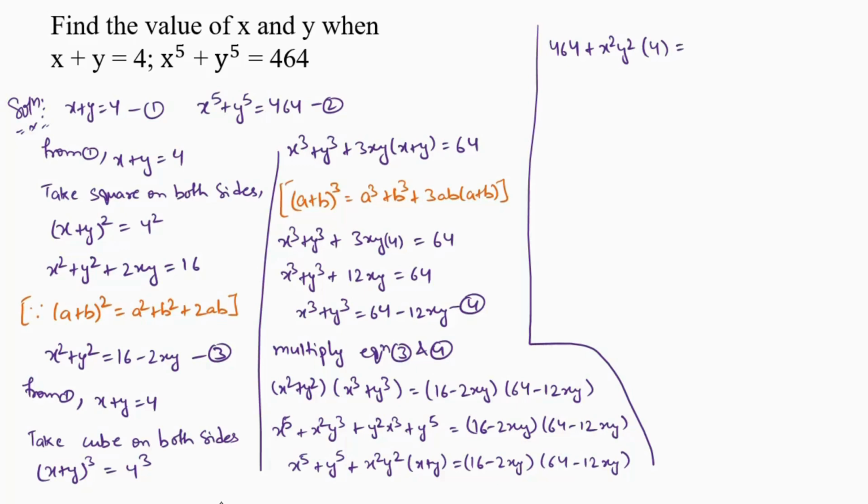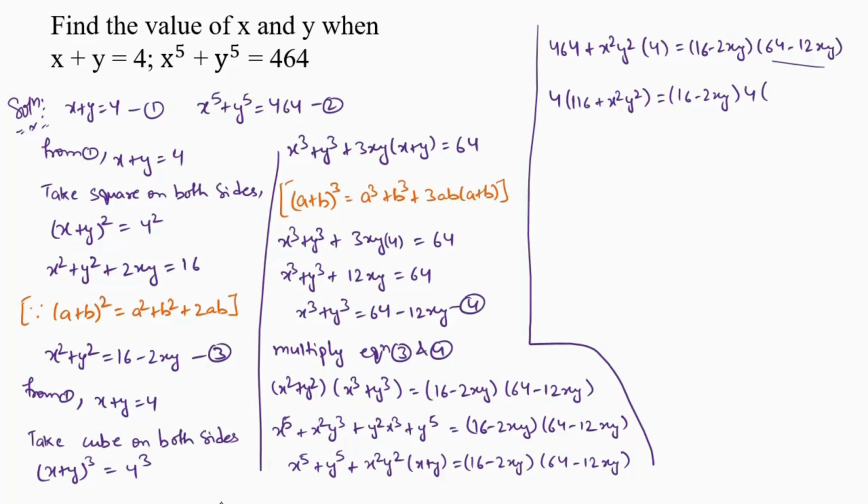On the right hand side we have 16 minus 2xy bracket 64 minus 12xy. So taking 4 common from the left hand side, we get 116 plus x square y square, and from the right hand side we can take 4 common from this equation.